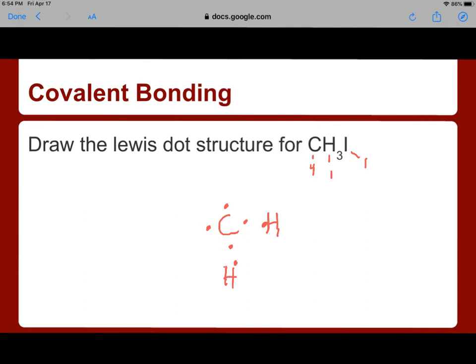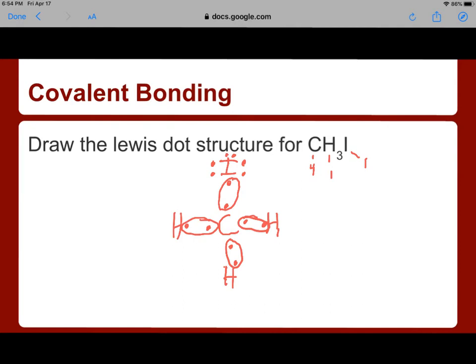So put on my H's with their 1 valence electron each, and then I has 7 valence electrons. So there's my setup. And then I'm going to attach everything to the carbon by making pairs. So these two can share, these two can share, these two can share, these two can share.